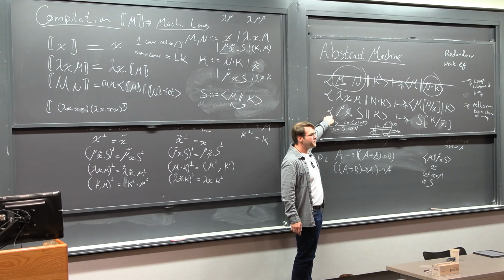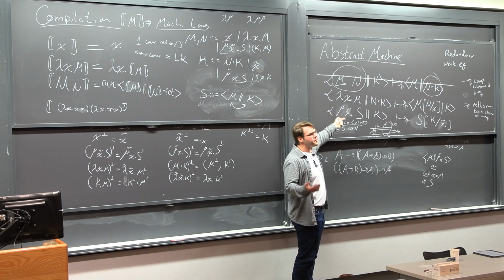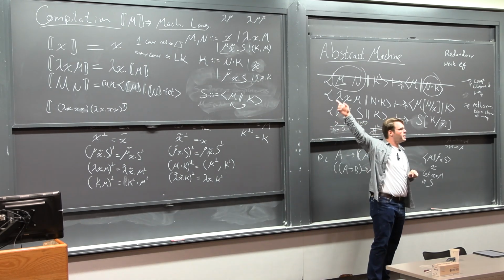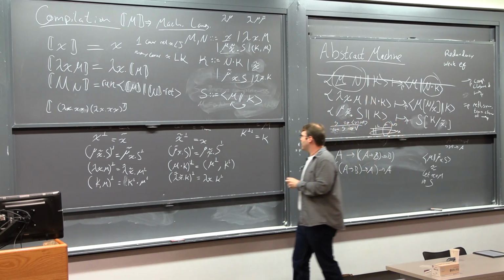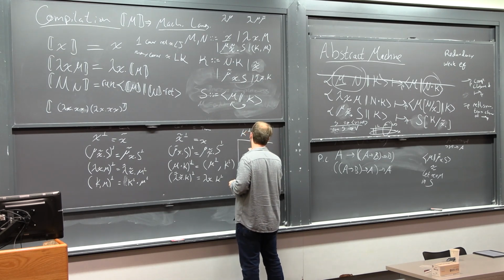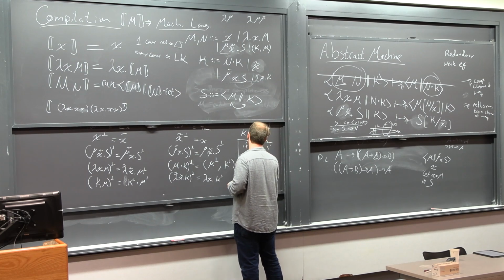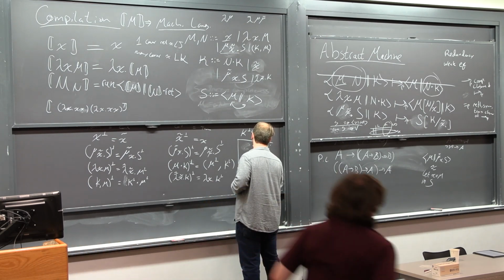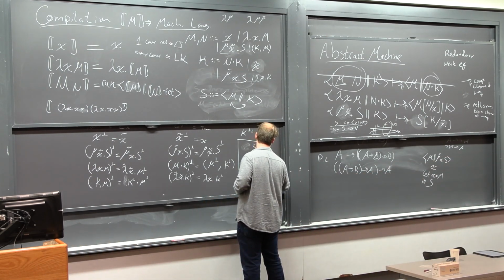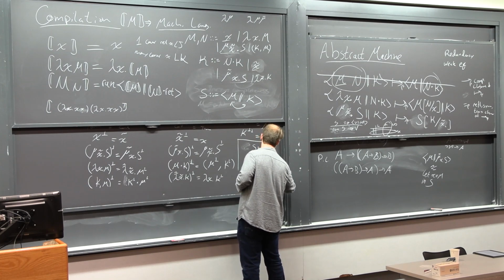So this is call by name, right? So I can also define a call by value abstract machine now that I have the twiddly mu. And it turns out that there's another theorem which says if I have a reduction step in call by name, then, or I'll say this, if and only if, the opposite of S takes the same step to the opposite of S prime in call by value.